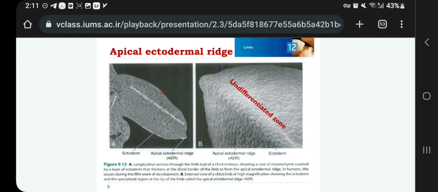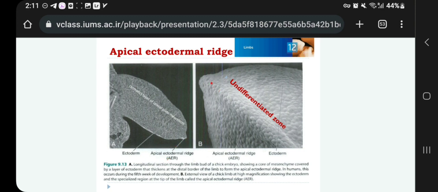The characterization of this bud, if you look here, is different in the apical, in the distal part here, in the tip of the limb. The cells are different from the other parts, and we call it the apical ectodermal ridge.